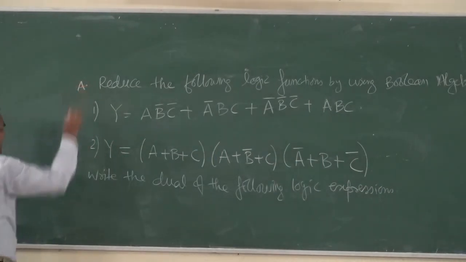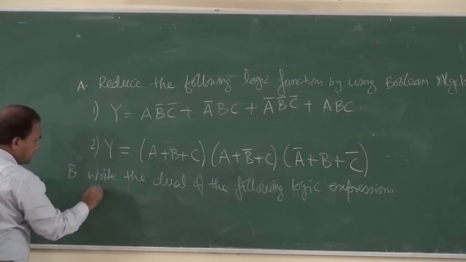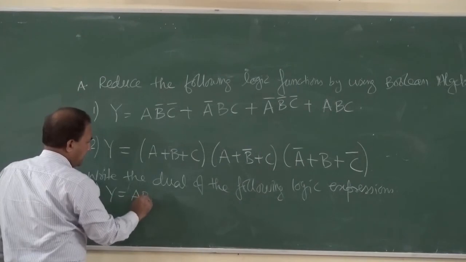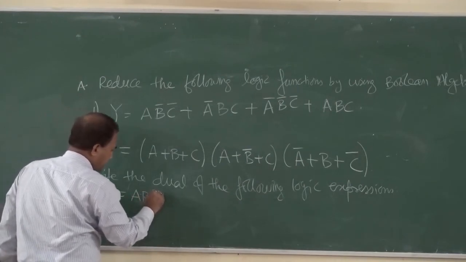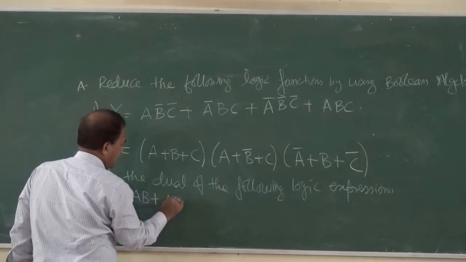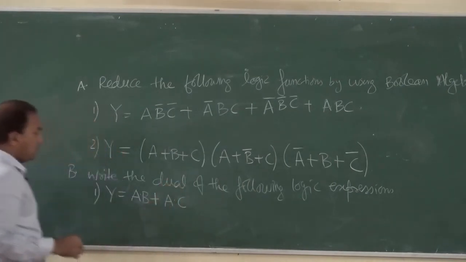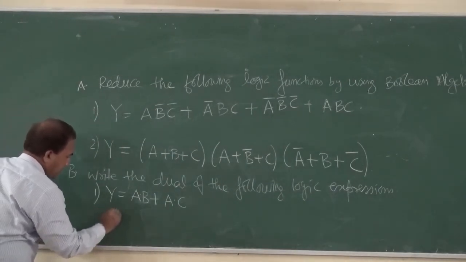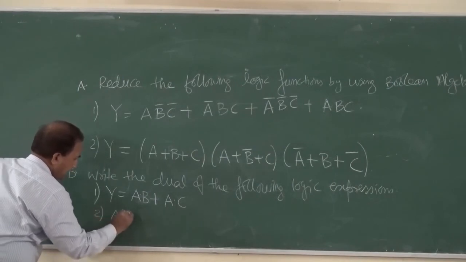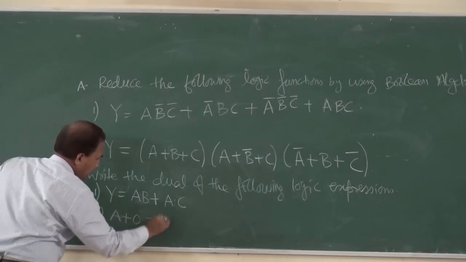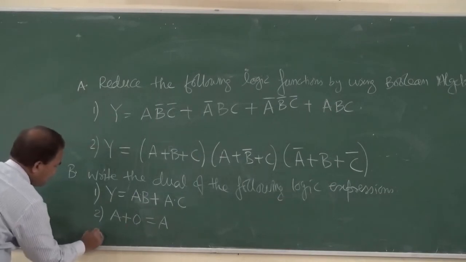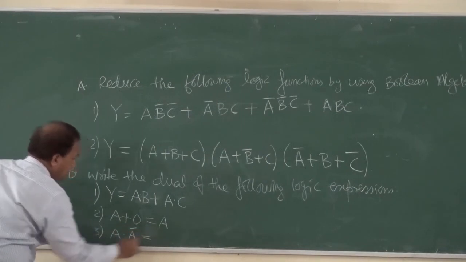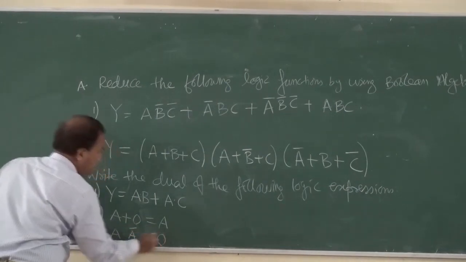This is question A and this is question B. First is Y is equal to AB, A dot B, plus A dot C. Second, A plus 0 is equal to A. Third, A dot A complement is equal to 0.